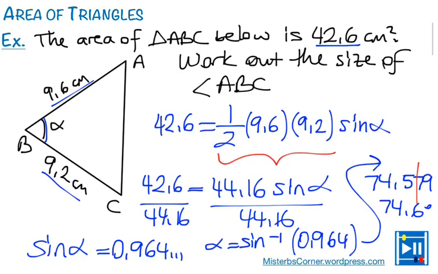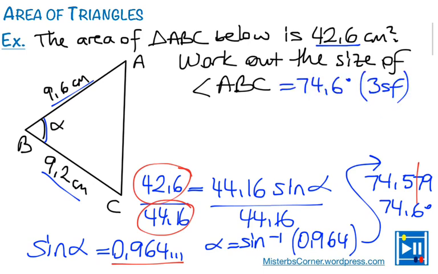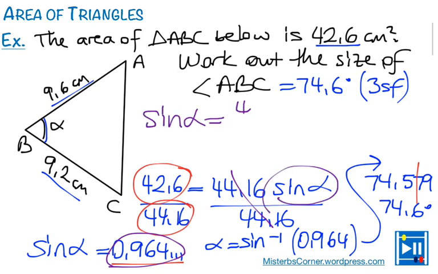Now I calculated sine alpha. I divided this number by this number and rounded up on purpose because I would like to show you how rounding in the middle of your calculation changes the answer slightly. Now I'm going to go on from this simplification. I'm going to write down sine alpha to be 42.6 divided by 44.16.